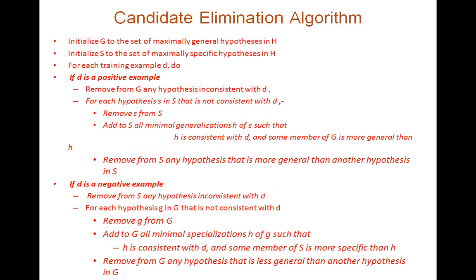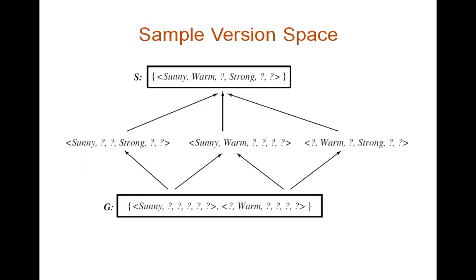See, candidate elimination algorithm. When you see this version space, two things are very clear. First, you have to find out the specific boundary. Next, you have to find out the general boundary for the given data set. Specific boundary and general boundary.